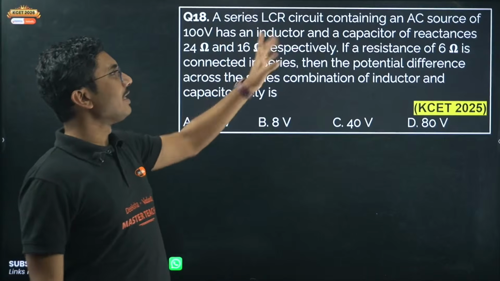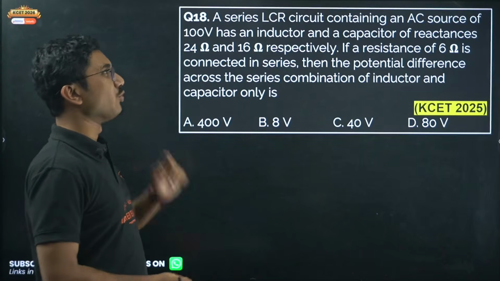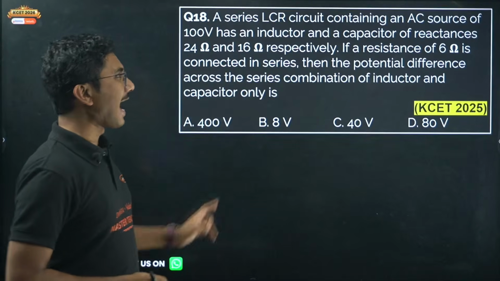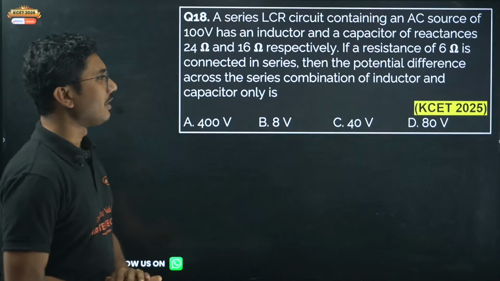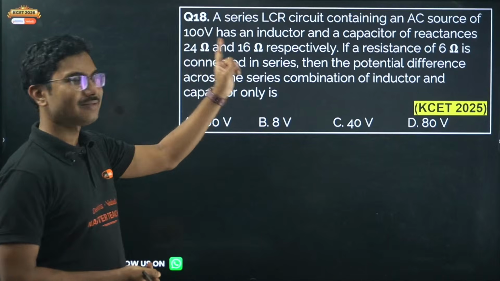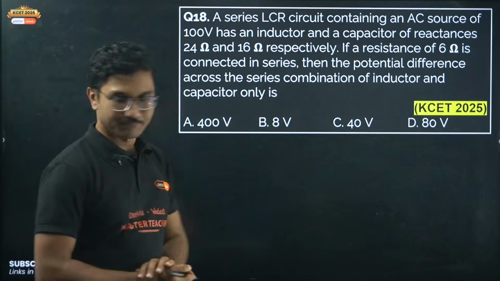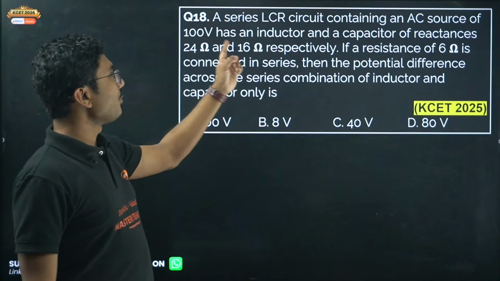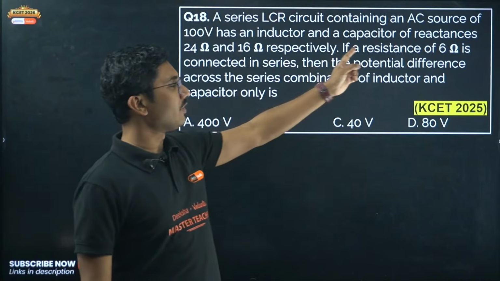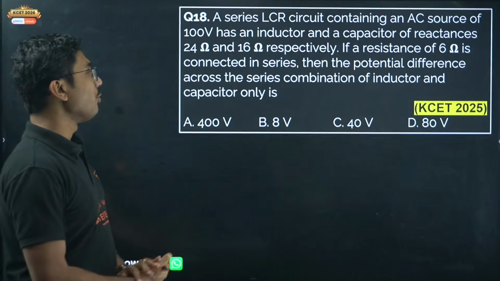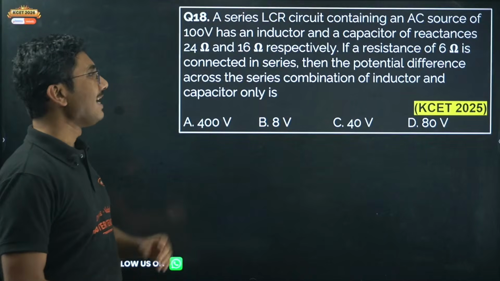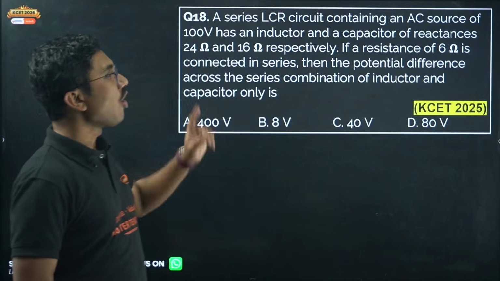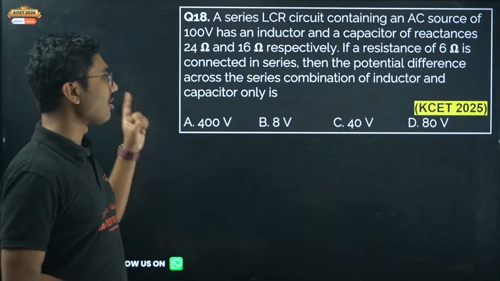A series LCR circuit containing an AC source of 100 volt has an inductor and a capacitor of reactances 24 ohm and 16 ohm respectively. If a resistance of 6 ohm is connected in series, then the potential difference across the series combination of inductor and capacitor only is.